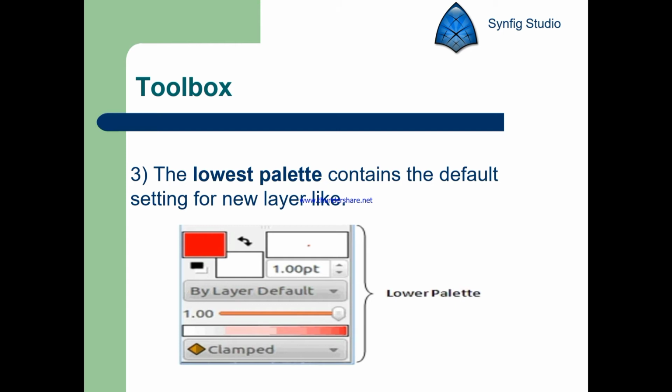The lowest panel gives some of the settings which are related to our animation object. So we have the first option for foreground color and background color. This one is foreground color and background color.